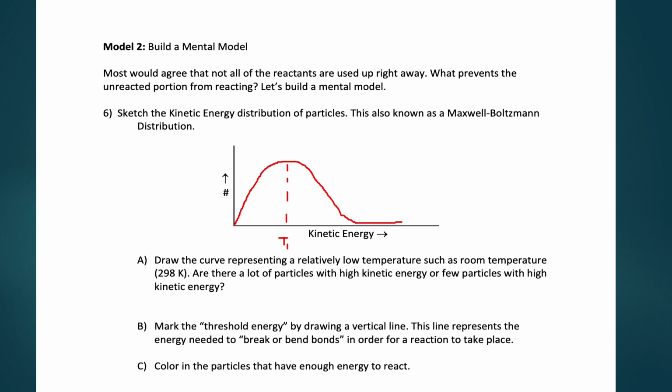And then it says, mark the threshold energy by drawing a vertical line. This line represents the energy needed to break or bend bonds in order for the reaction to take place. And the reaction energy, let's suppose it's way out here. This is the threshold. And so we would indicate on there that this is the threshold energy.